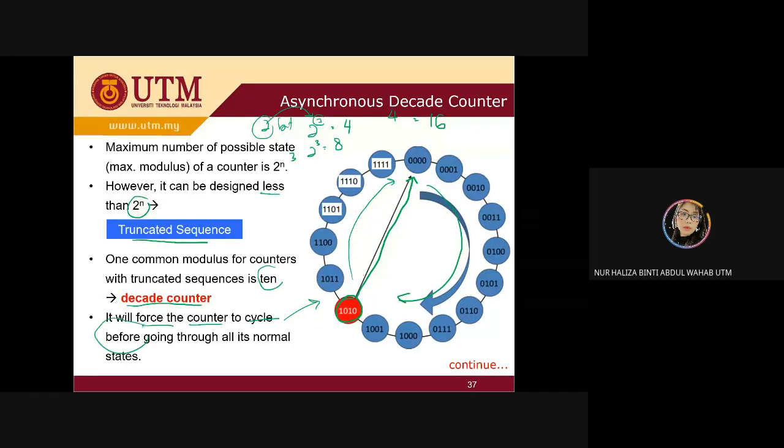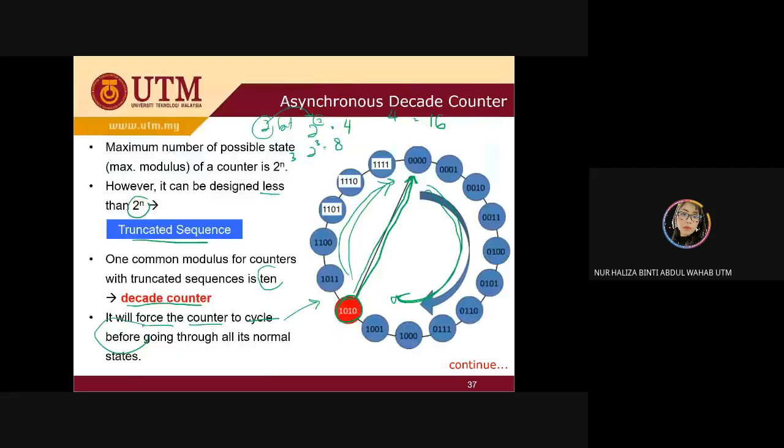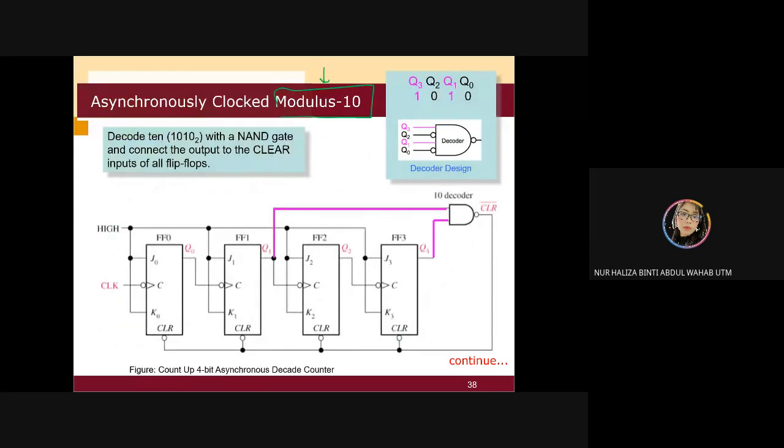You can see that before you go through all your normal states, it directly goes to the initial point and forces you to cycle back. This is your decade counter, and you can have modulus 10 as mentioned in these sentences. Normally for your truncated sequence or decade counter, this is the frequent use.